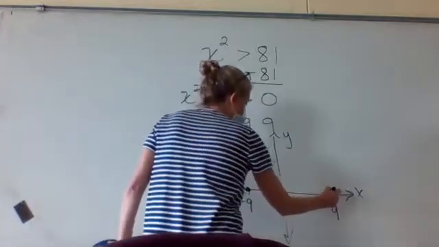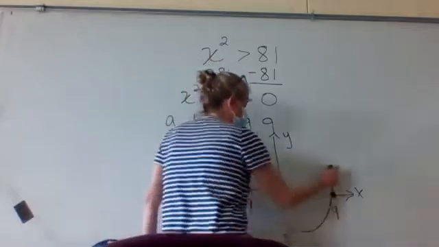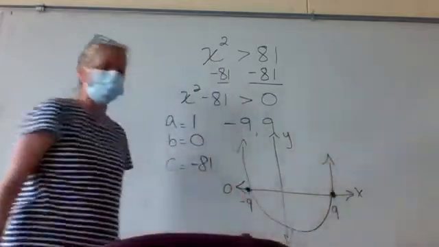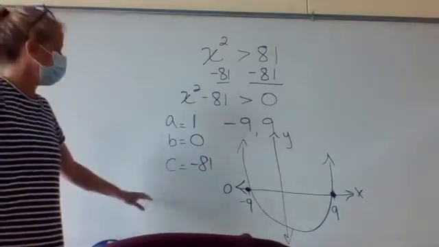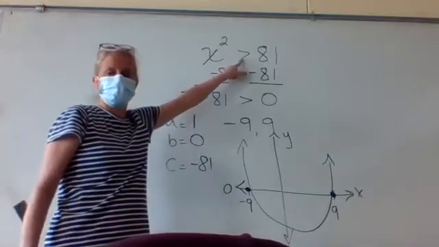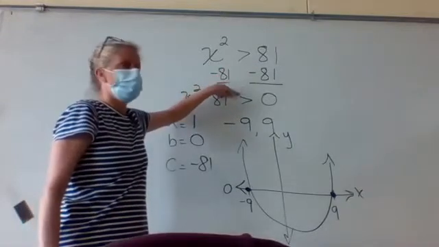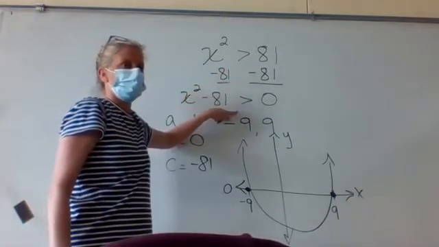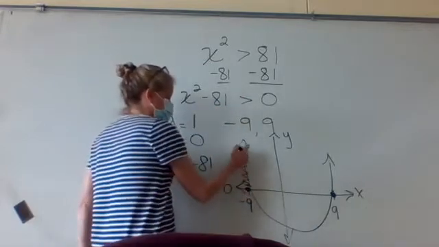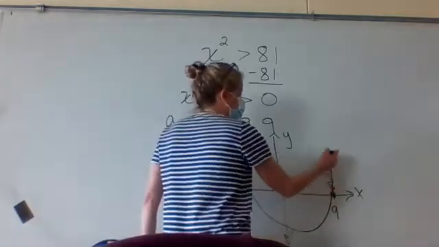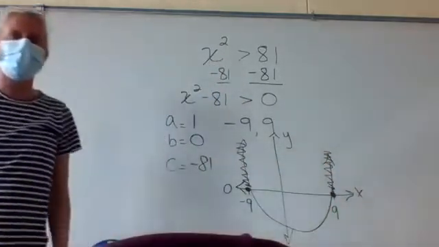Crossing through the x-axis at negative 9 and positive 9. Then look at your symbol. Since it's greater than, that means above the x-axis. So once again, just like the last several problems, it's those 2 intervals that we're talking about.